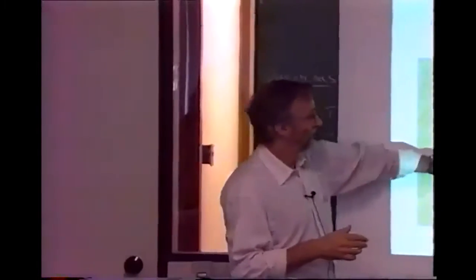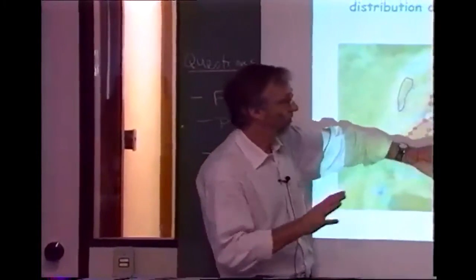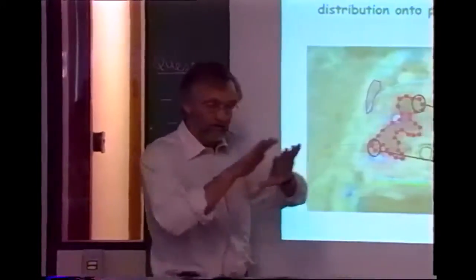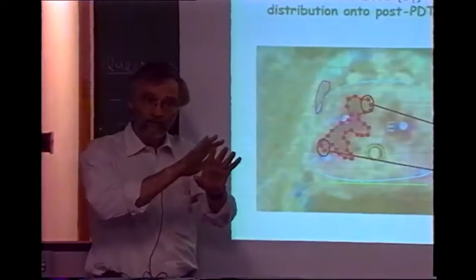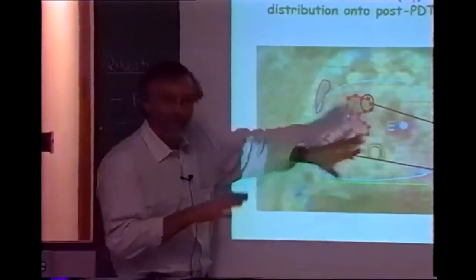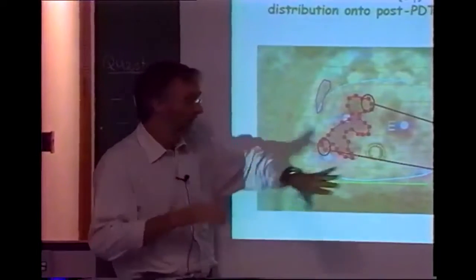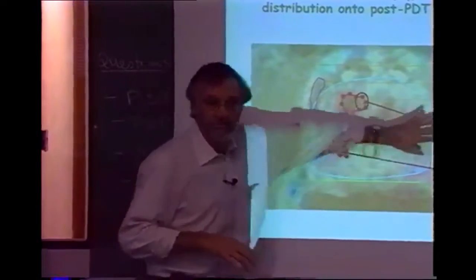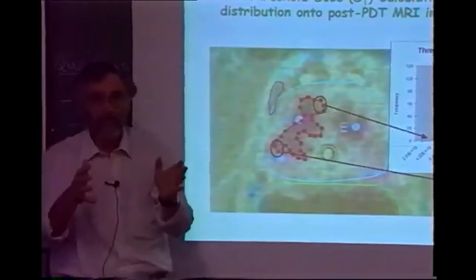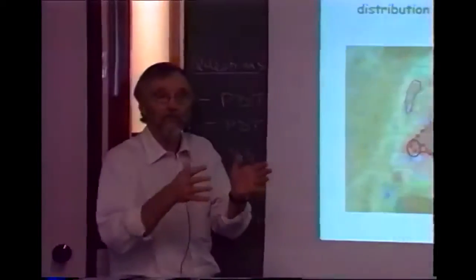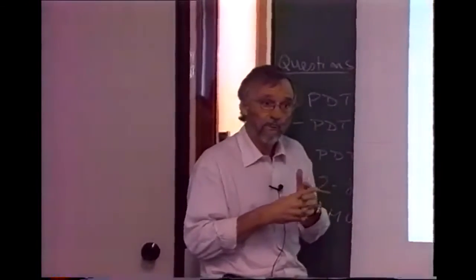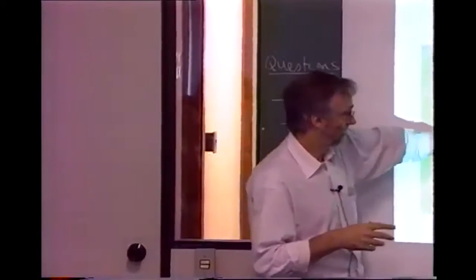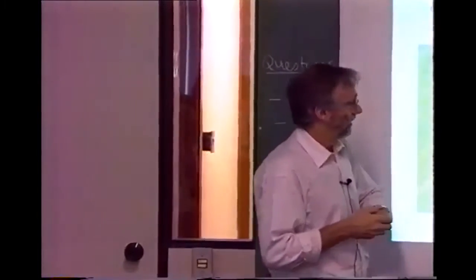I just wanted to point out that by combining imaging with detailed dosimetry, it's becoming possible to get some idea of the true threshold, not just of a tissue on average, but within a tissue and how much it varies. So that's probably useful information.